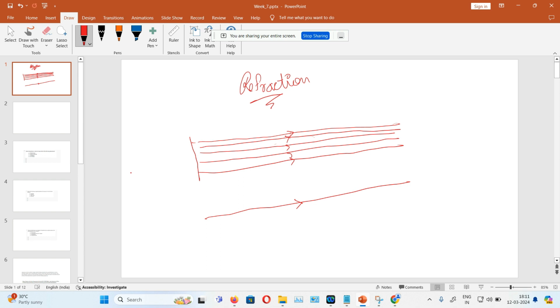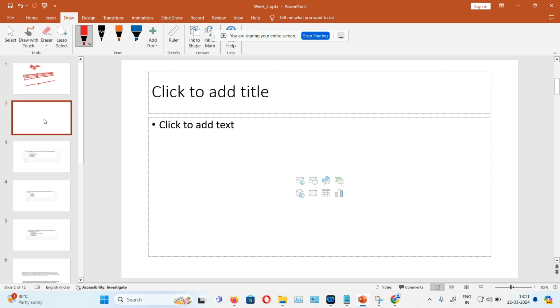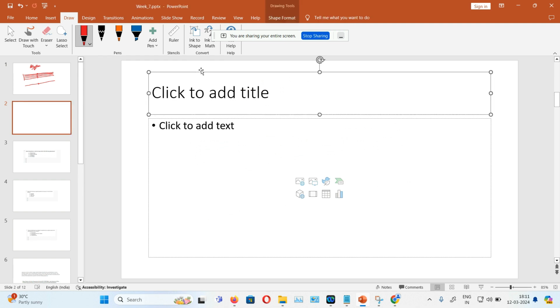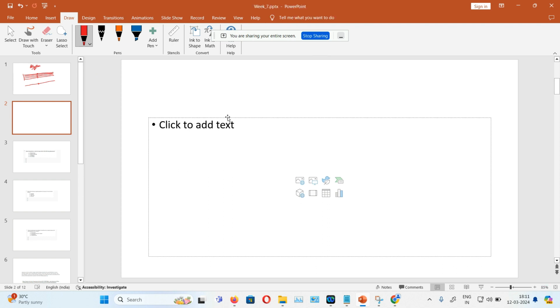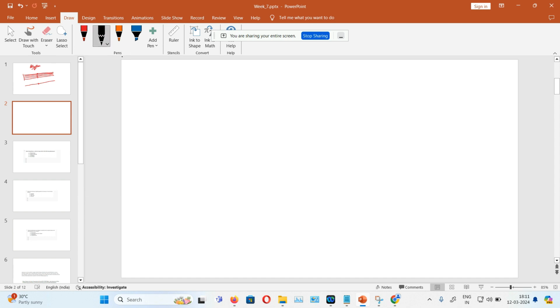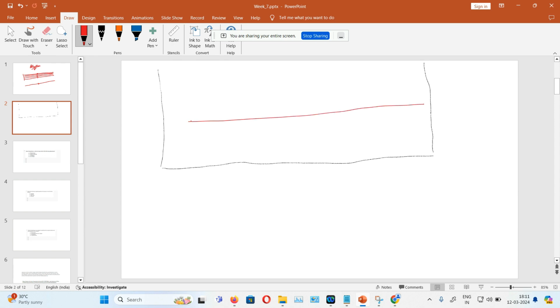Now you can see that if there is only one medium, a single medium, and light is traveling, it will travel in a straight line.